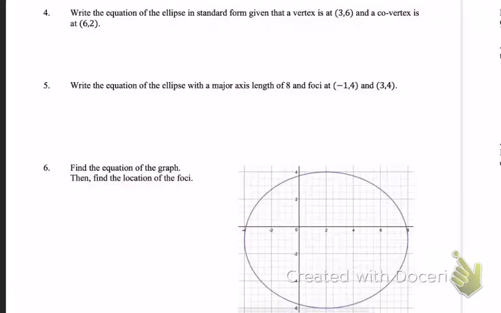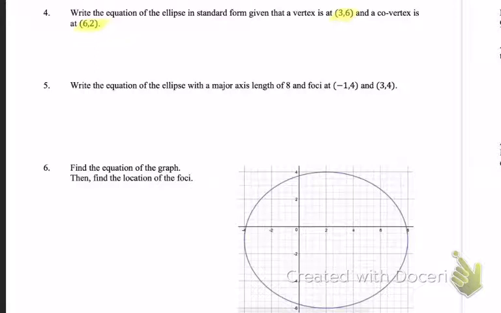Okay, so the next example says write the equation of an ellipse in standard form, given that a vertex is at 3, 6, and a co-vertex is at 6, 2. So the best way for me to even attempt this problem is to draw a picture.